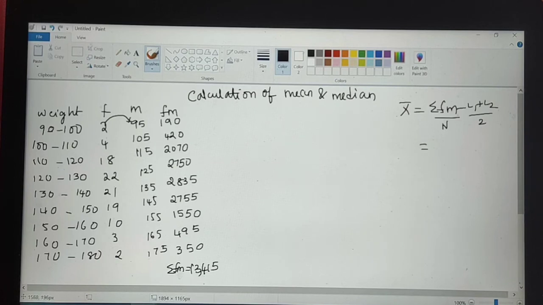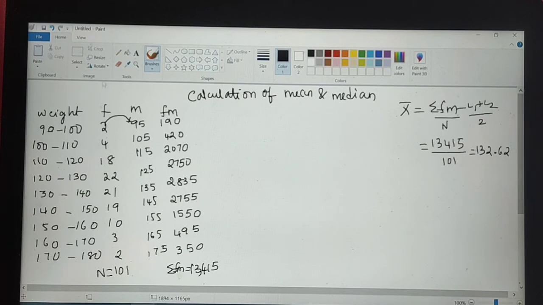Now I substitute: sigma fm total, 13,415, divided by the n column total. The total of the frequencies is 101. I divide by n and get the answer as 132.62. So now I have my mean.